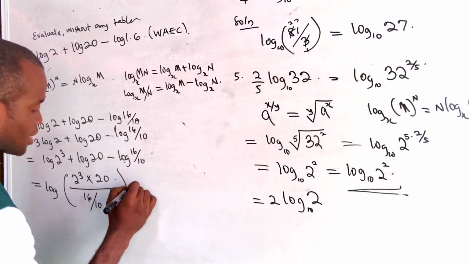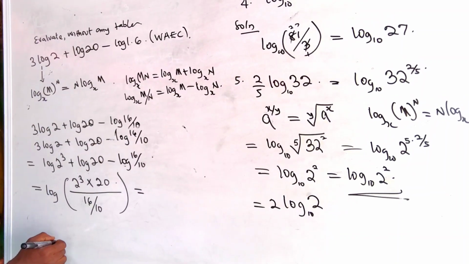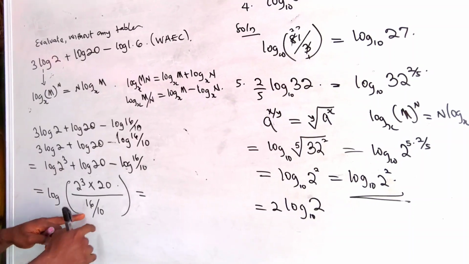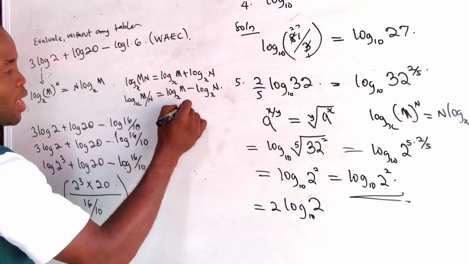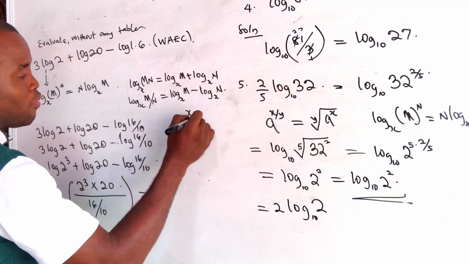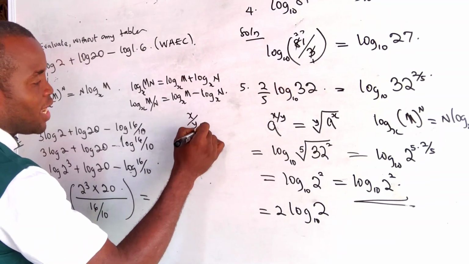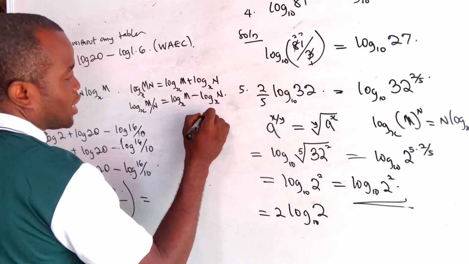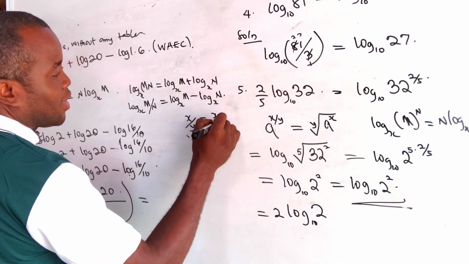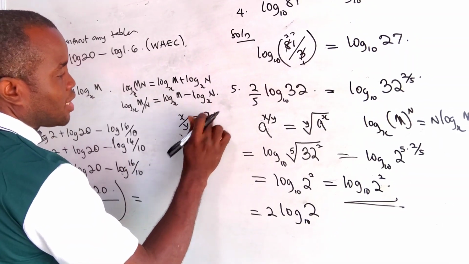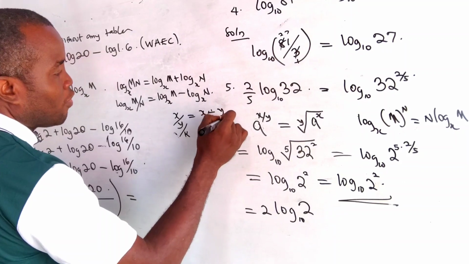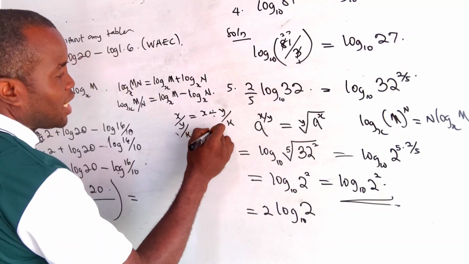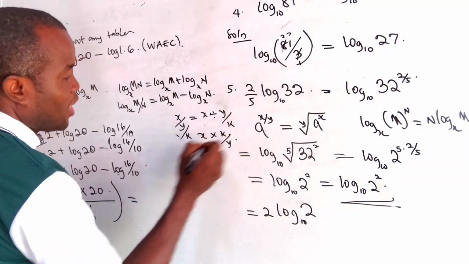So let's take this further. If you have x all over y all over k, that is x divided by y all over k, which is the same thing as x multiplied by k all over y.